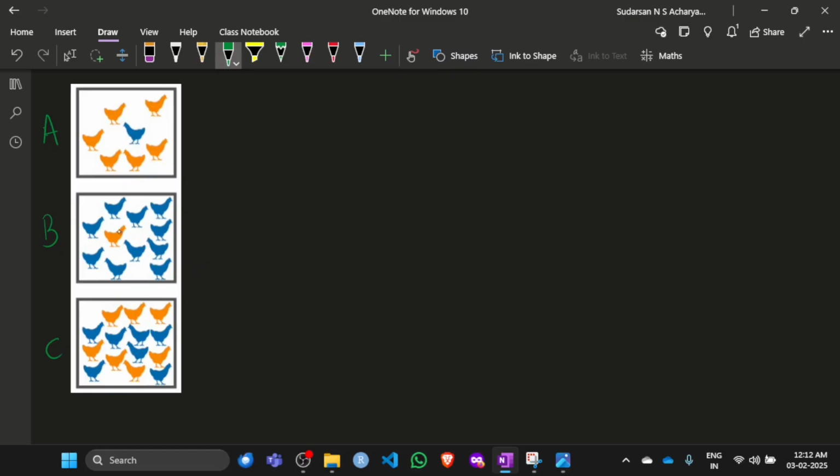Similarly, in box B, if I picked up a chicken and it turned out to be orange, I'll be very surprised. On the contrary, if it turned out to be blue, I'll not be very surprised. Now, box C is the interesting one. If I picked a chicken randomly, and if it turned out to be blue or orange, my surprise is going to be the same, right?